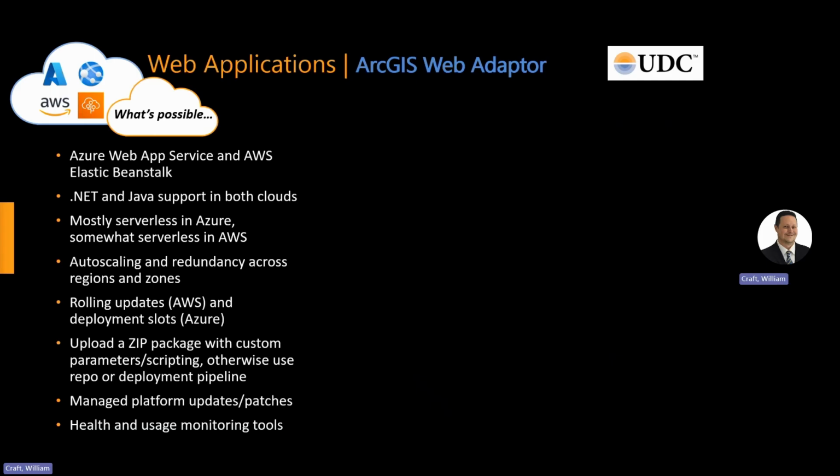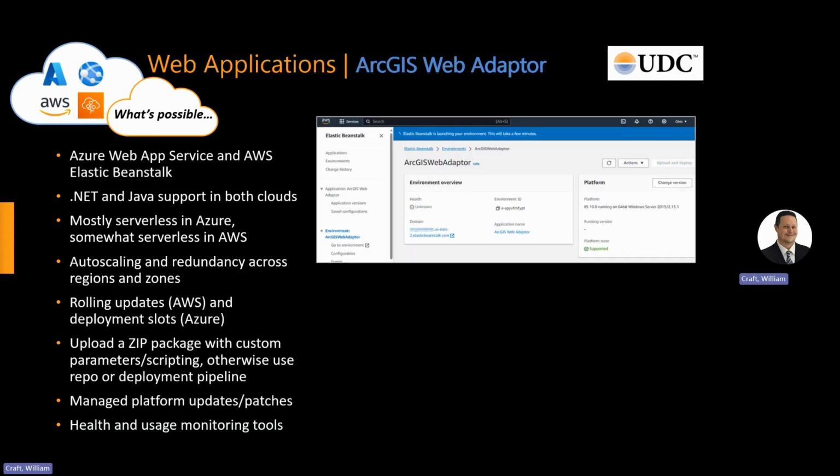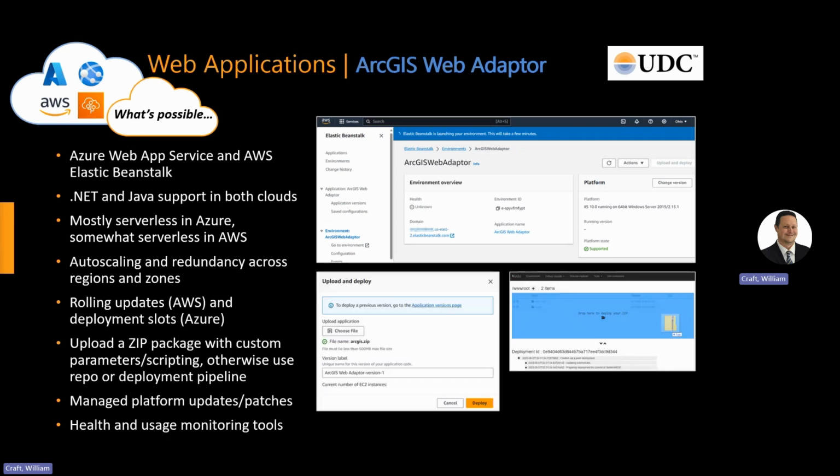The third enterprise system component we'll cover today is web applications, specifically around the ArcGIS Web Adaptor. We looked closer at both Azure and AWS cloud platforms in terms of the Web Adaptor. Azure's Web App Service and AWS's Elastic Beanstalk are excellent fits for Web Adaptor deployments.